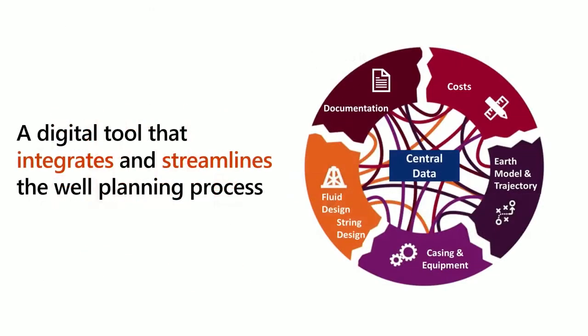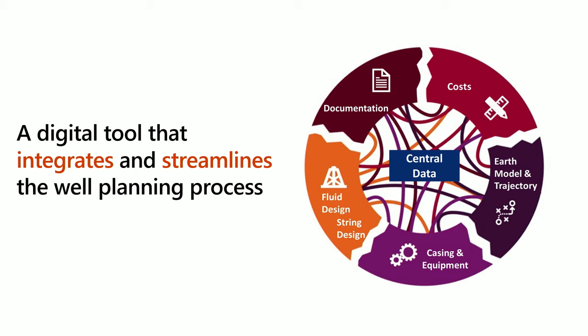Taking it a step deeper, on the right here, you see some of the common design steps that an engineer will go through when planning a well. For each of these steps, an engineer may take data from multiple different sources, and he might do thousands of different tasks or calculations. Now, the complexity occurs in that many of these steps are interconnected, right?